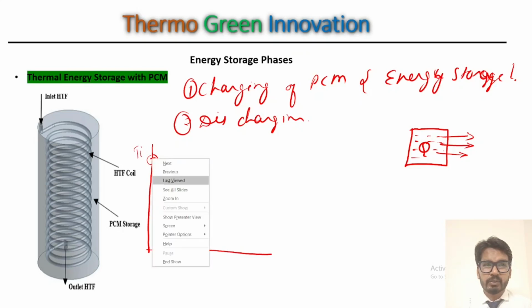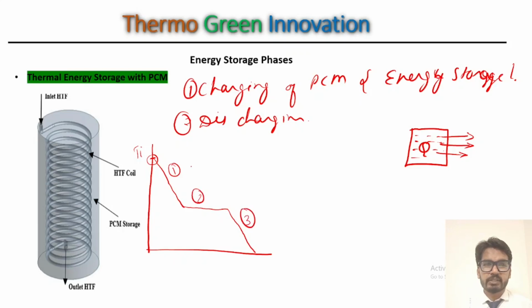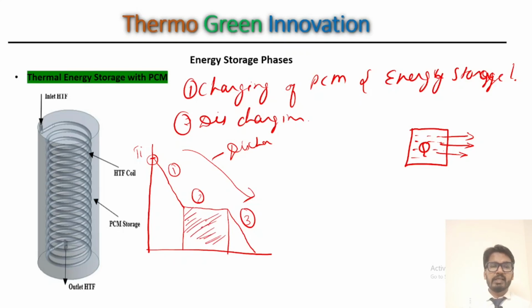First sensible cooling will take place, then phase change, then again sensible cooling in the solid zone. So here it is sensible, phase change, and again sensible. In this way discharging of thermal energy storage takes place. This is the zone of usable energy, or we can say the stored energy. I discussed this in my last video also.